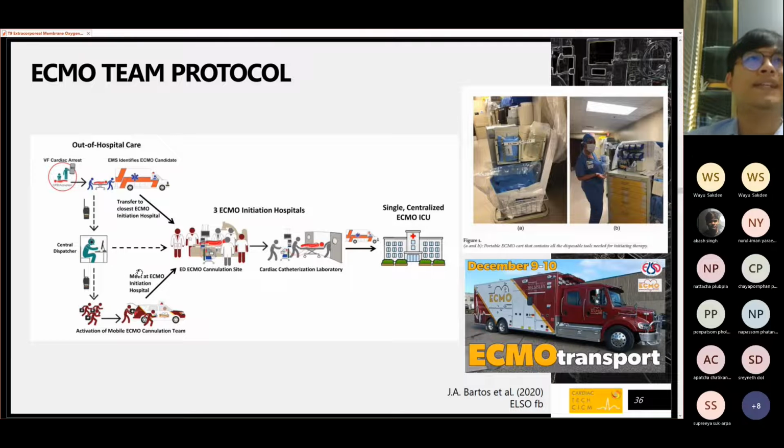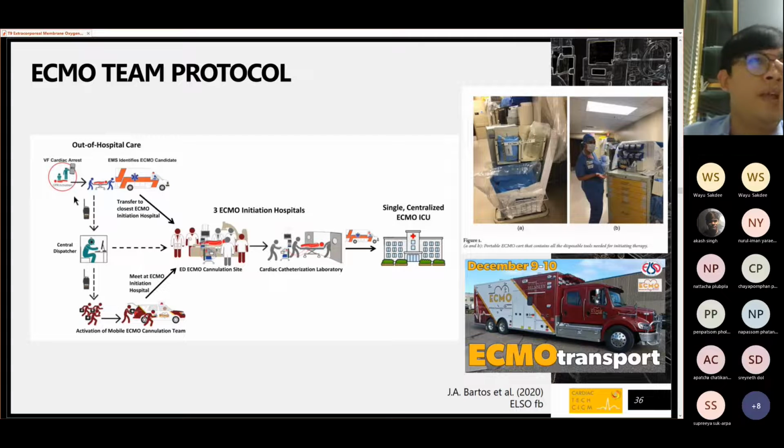In Thailand, it's quite the same. We also notify the team and look for how to transfer the patient onto ECMO. For cannulations in Thailand, only a few cases are performed as out-of-hospital cannulations.